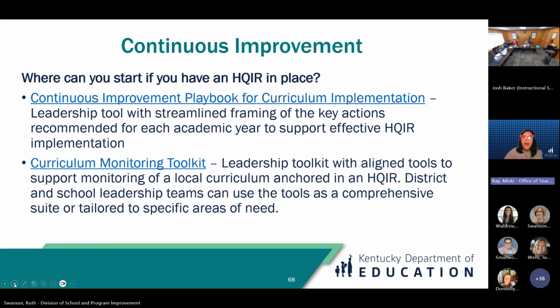The second one, the monitoring toolkit, that may be something that, if you are in ongoing implementation and you're not seeing the movement in all student groups that you would like to see, there are some observation tools there. There's one for shared learning. There's one for PLCs.